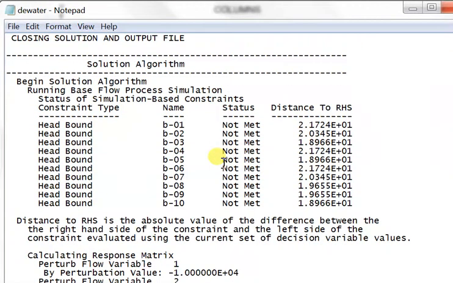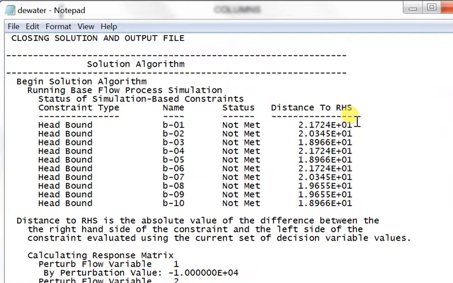The first step in the solution algorithm is to run a base flow simulation. And GWM reports at that juncture, after that run, the status of all constraints. So the headbound constraints are listed here. None of them are met, and listed also is the distance to the right-hand side.